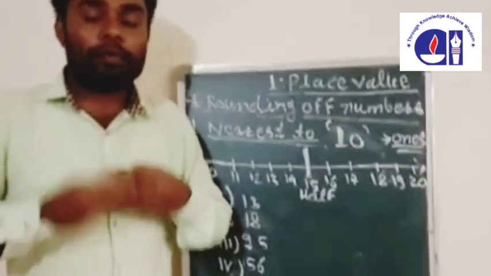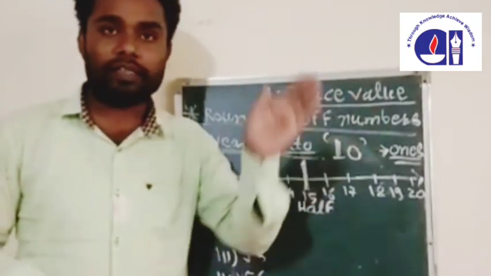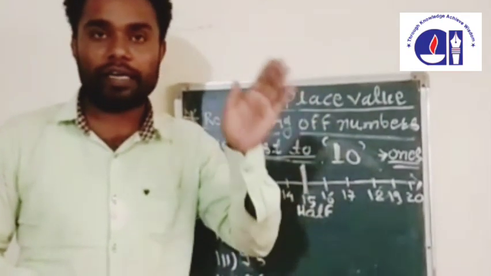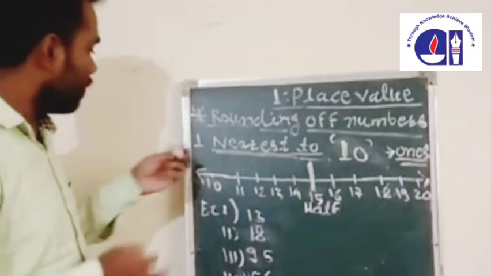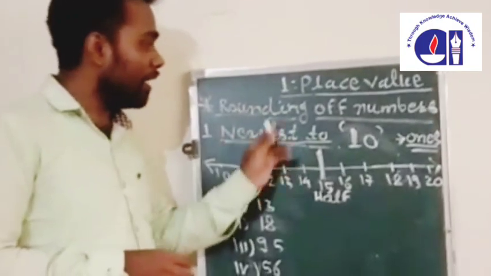When we use this approximate value, it is called rounding of numbers to the nearest tens, 100 or 1000. So first we are going to study how to round a number to the nearest tens.